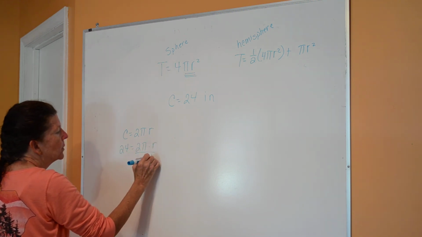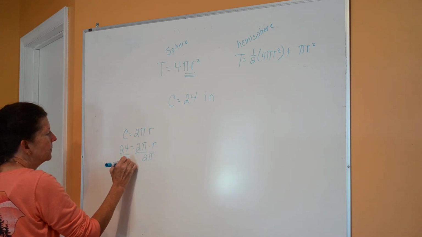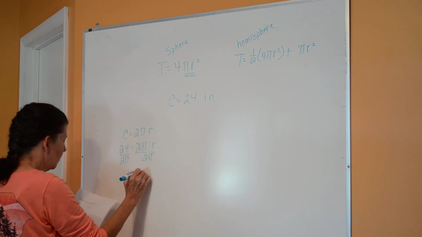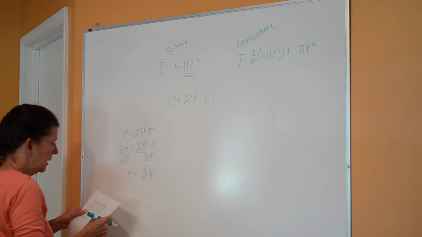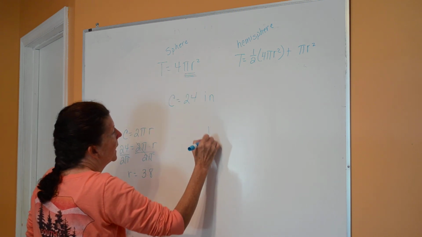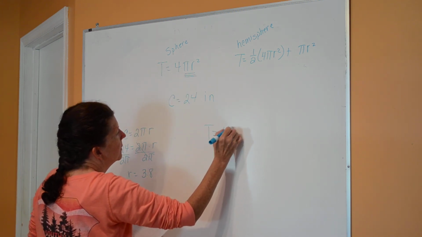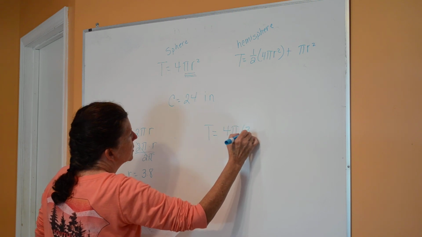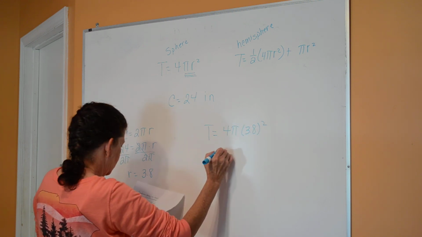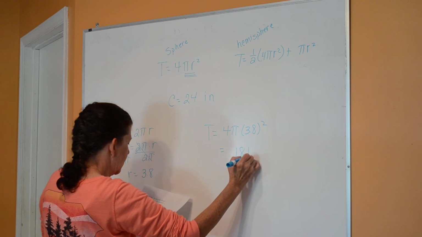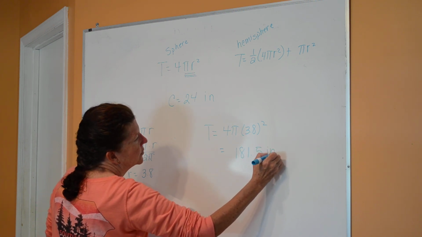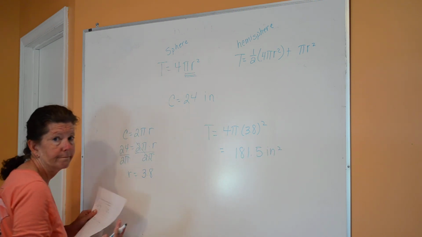I'm going to divide both sides by 2 pi. r should equal 3.8. And then I just plug the 3.8 into that formula. 4 times pi times 3.8 squared. And it's going to give me 181.5 inches squared. That's it.